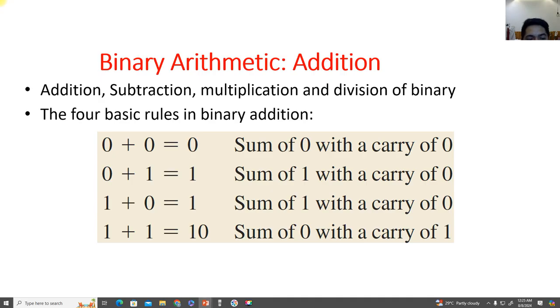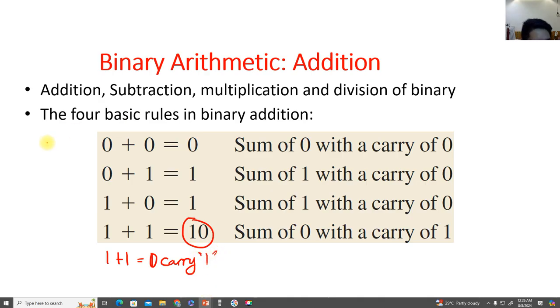But 1 plus 1 here is not equal to 10. So don't teach your 5-year-old kids that 1 plus 1 equals 10. No. In binary addition, 1 plus 1 is 0, carry 1.